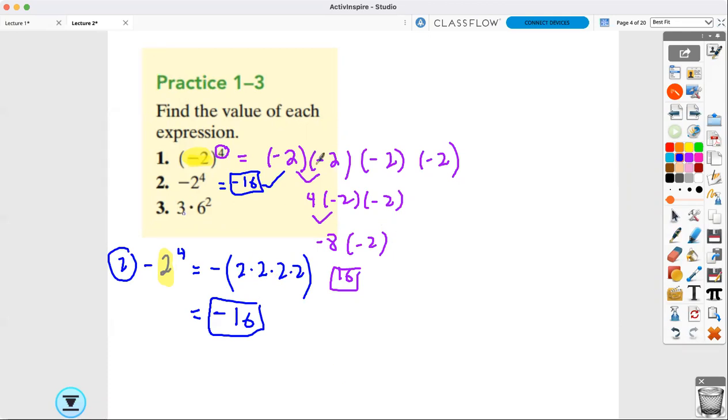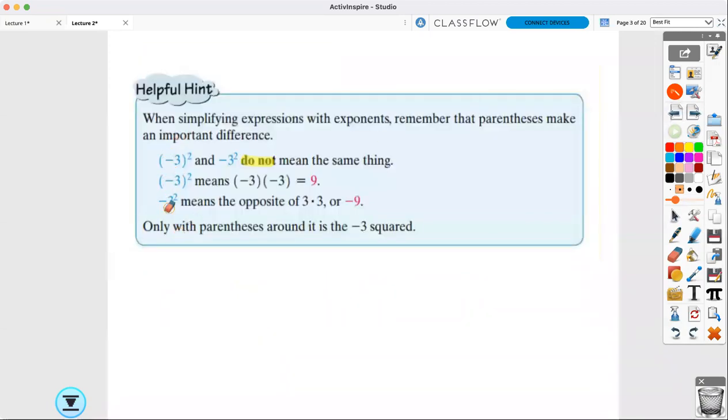So the difference between these two is the symbol. Number 1, what was around the -2? Parentheses. Number 2 did not have any parentheses, which is pretty much what this helpful hint explains. Were you able to get down this helpful hint, Kayla?